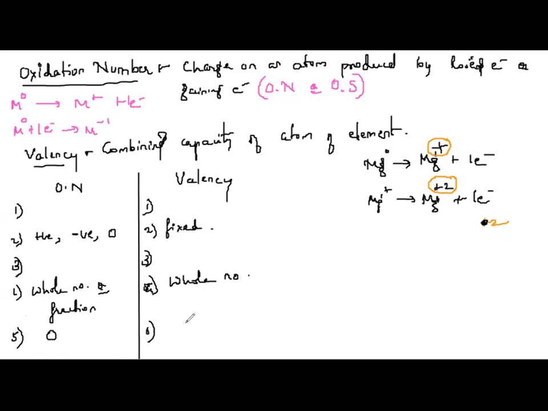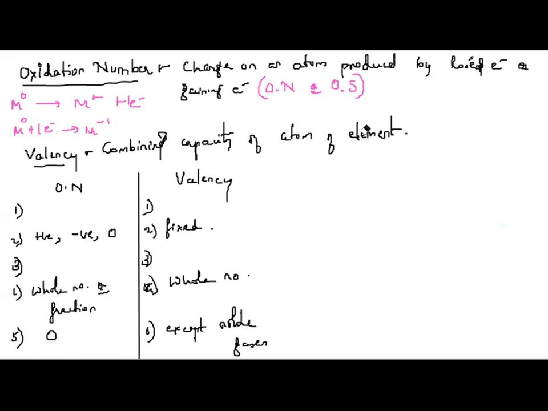Valency of the element is never 0 except for noble gases, whereas oxidation number can be 0. So this is the difference between oxidation number and valency. Is that clear? Oxidation number is the charge on an atom produced by losing or gaining of electrons, and valency is the combining capacity of that atom.